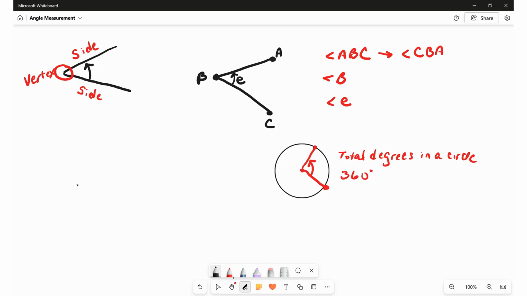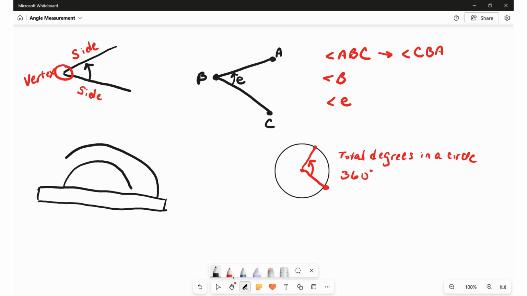When you have a protractor, and I'm not a great artist, a protractor usually looks kind of like this, and then it's got this piece kind of like this. And it's got all these little marks in it.